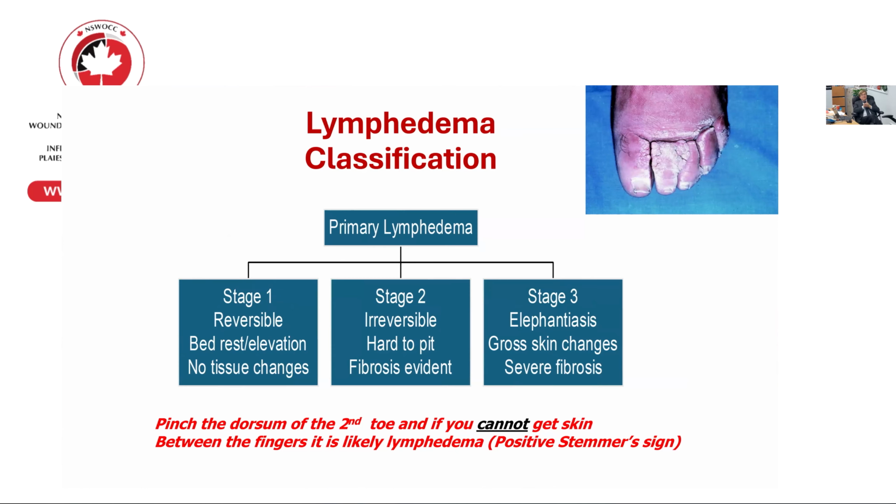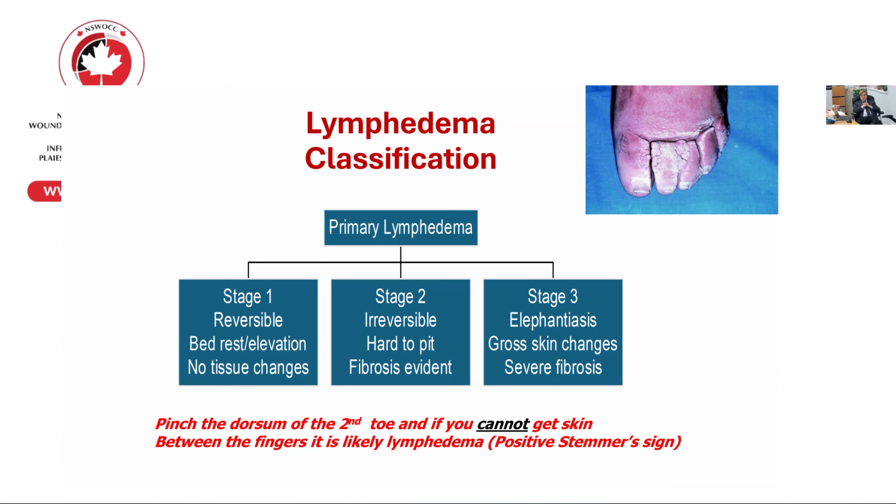And lymphedema in the very early stage is reversible. Bed rest, elevation, no tissue changes that are permanent. We don't really recommend bed rest, though, although when you put the legs up in bed, it does help the edema to go away. The second stage is irreversible. It's hard to pit. The fibrosis is evident.